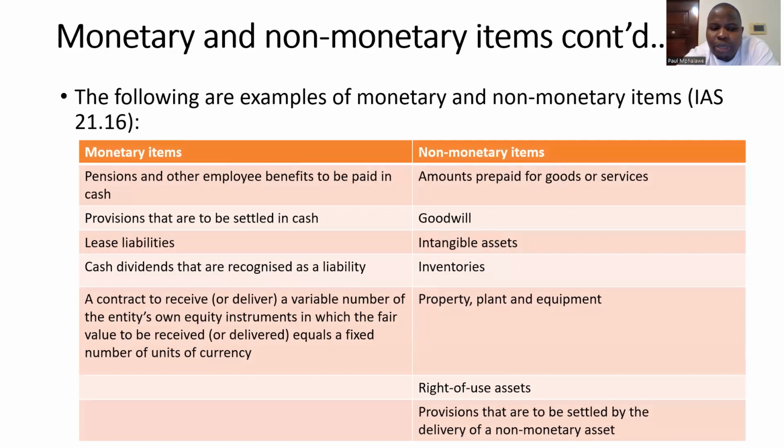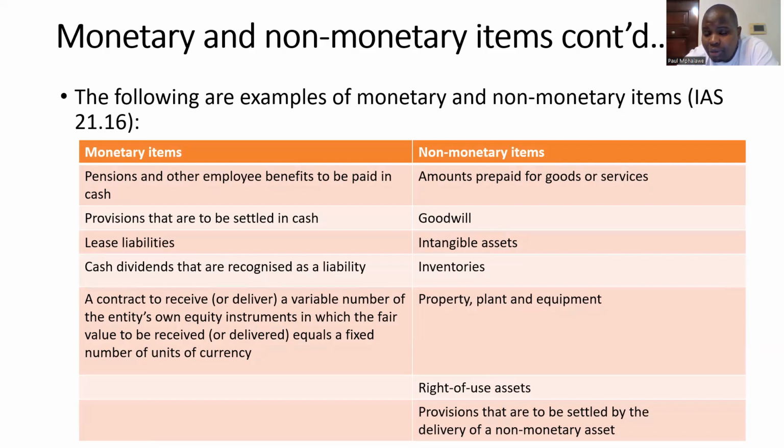There's an attachment to money. Lease liability, monetary item. Cash dividends that are recognized as liability, monetary item. A contract to receive or deliver a variable number of entity's own equity instruments in which the fair value to be received or delivered equals a fixed number of units of currency, monetary item.